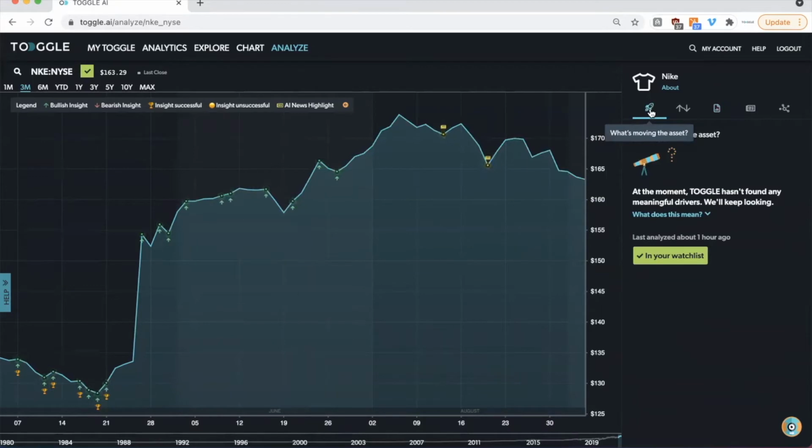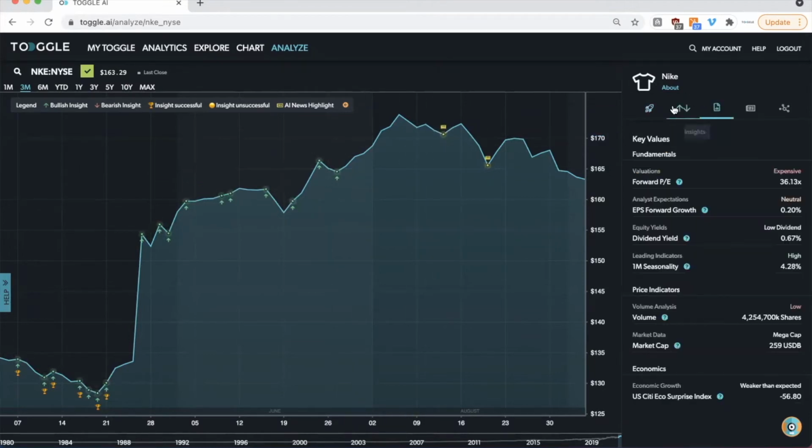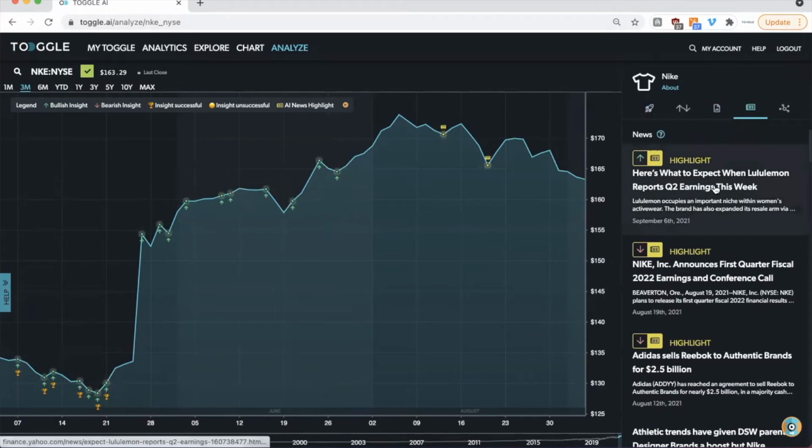So when you first open up asset overview, you'll first come to this little rocket symbol that shows you what's moving the asset. Well, there are many different things that are moving the asset based on the active insights that we have over here. But an additional thing that the Toggle team has included are news insights. The system is able to go through publications relating to the asset, analyze them, and say, what could be the effect of this publication on the price of my asset?